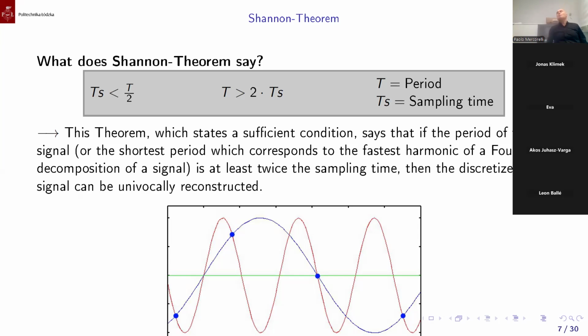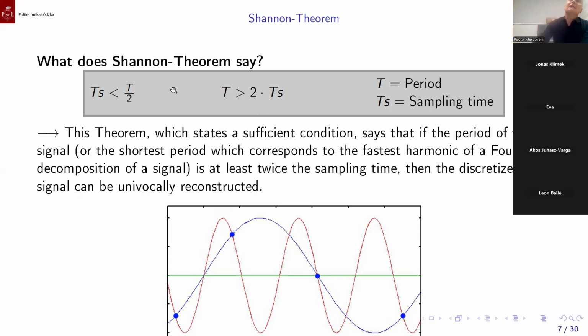But here the problem is a little bit more complex, because it's not related to the order, but is related to T. This means that if T, this period which I introduced in the regressors, is less than or equal to 2 times Ts, which is the distance between 2 measurements, we have such a kind of problem.